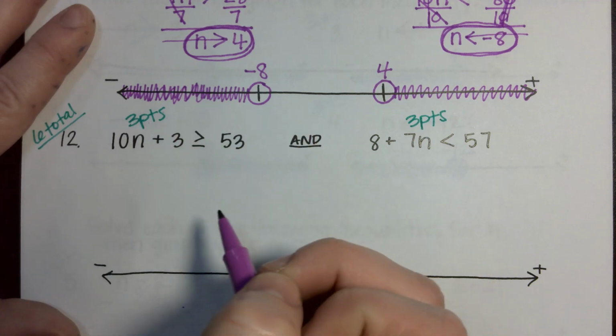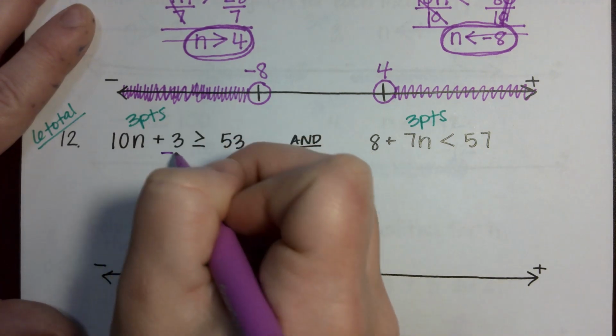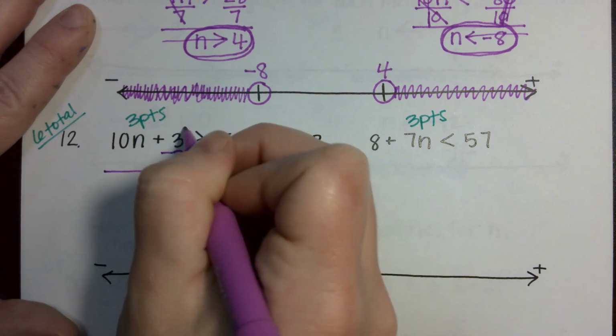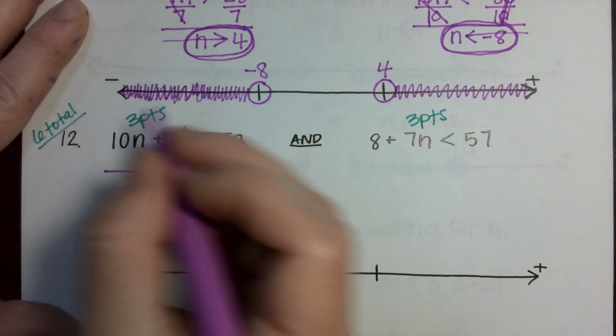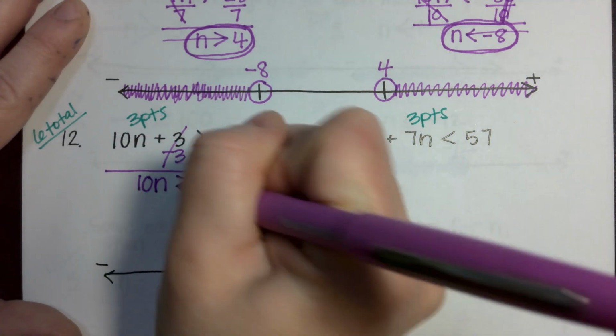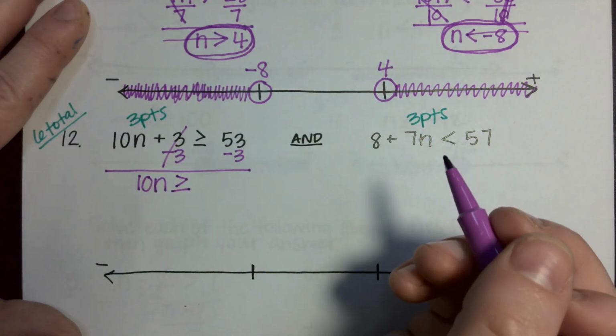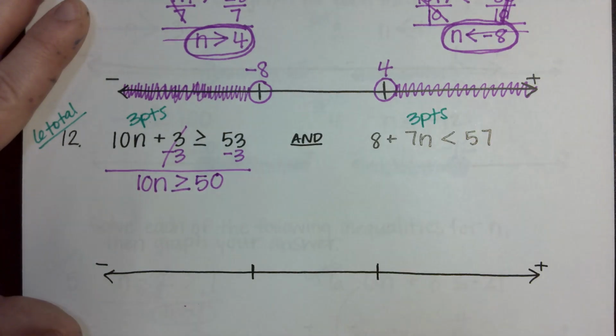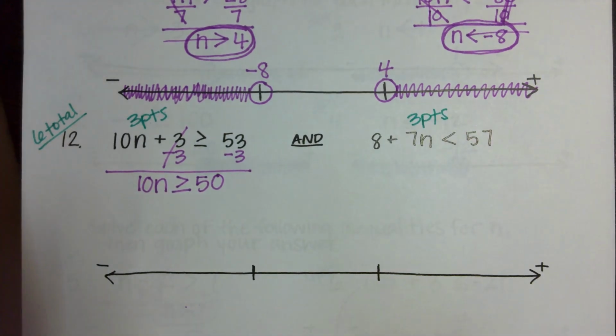What do we do first? Yes, we want to subtract 3 first. And that's going to leave us with what? Greater than or equal to 50. Good. 10 times n is greater than or equal to 50.